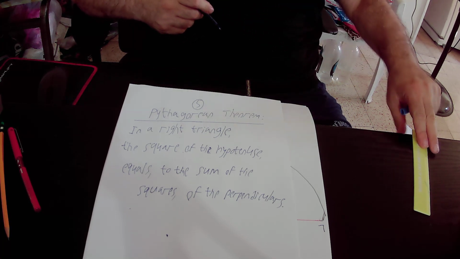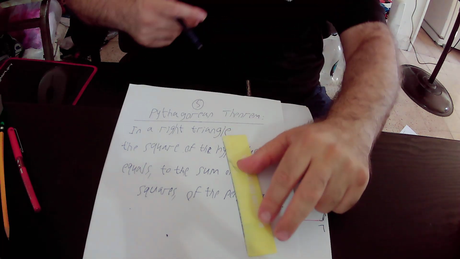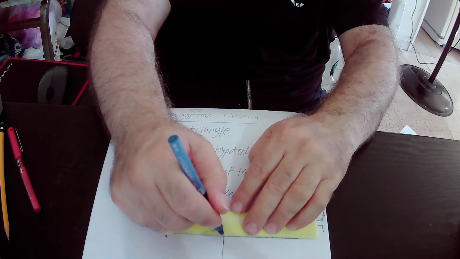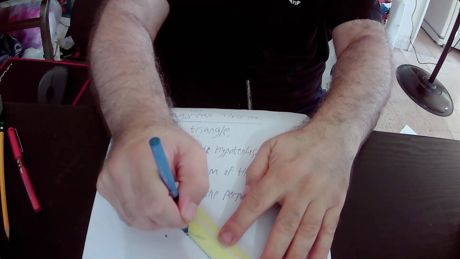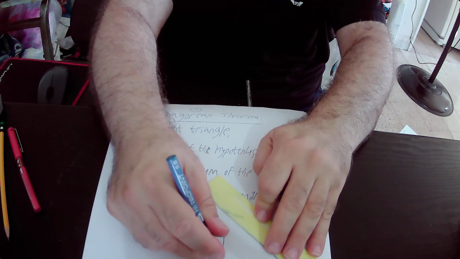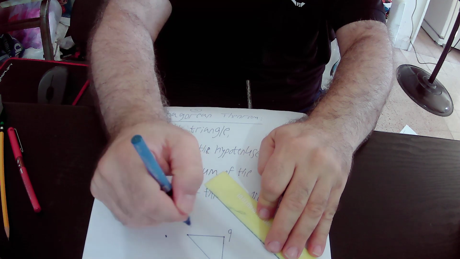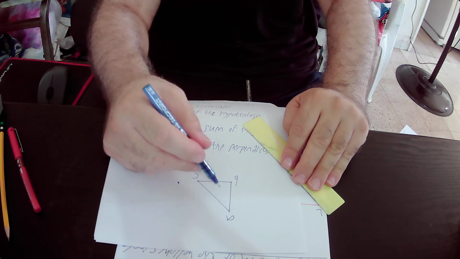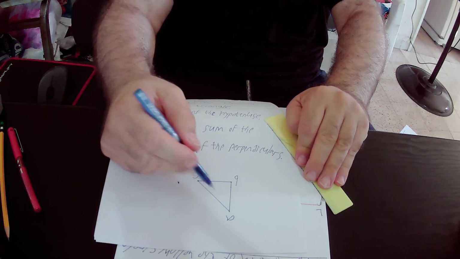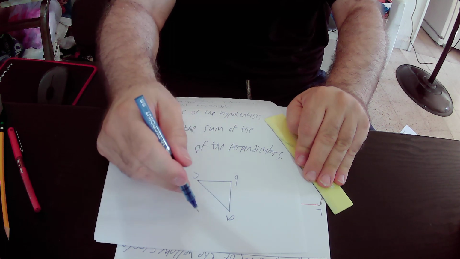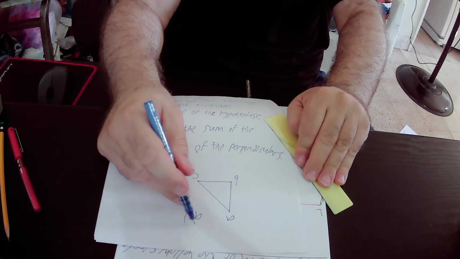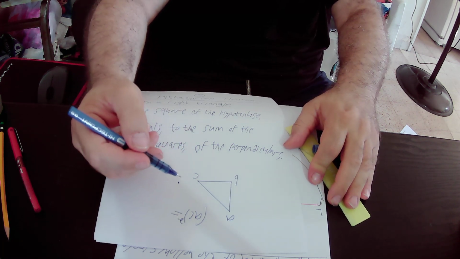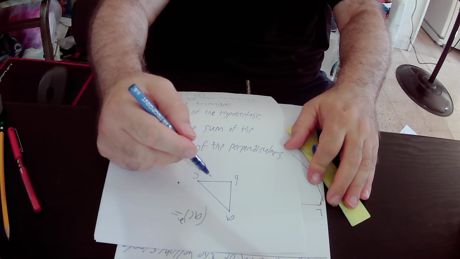So if we have a right triangle, so in this right triangle, the square of the hypotenuse, that is to say AC square, equals the sum of the squares of the perpendiculars.